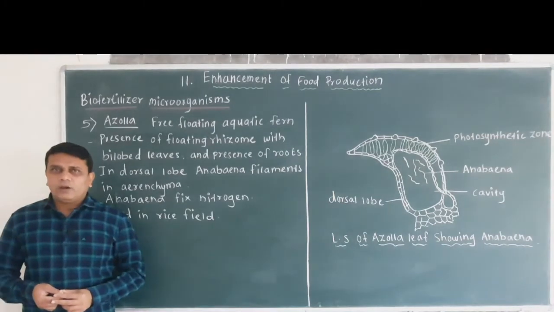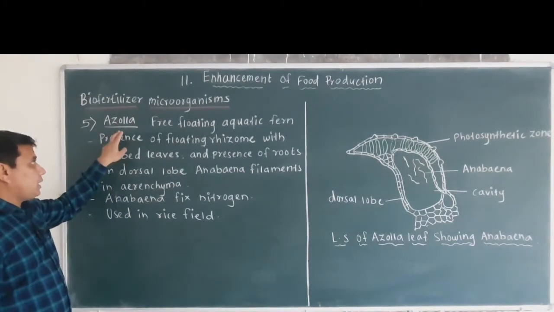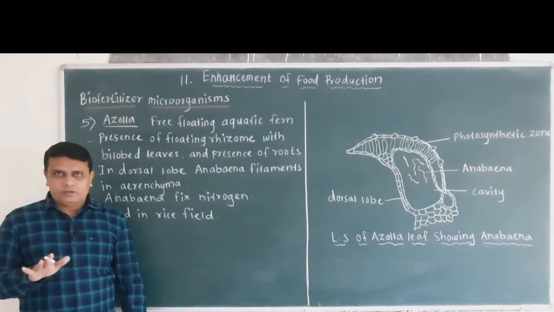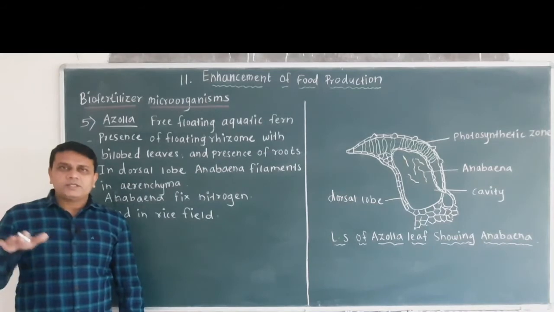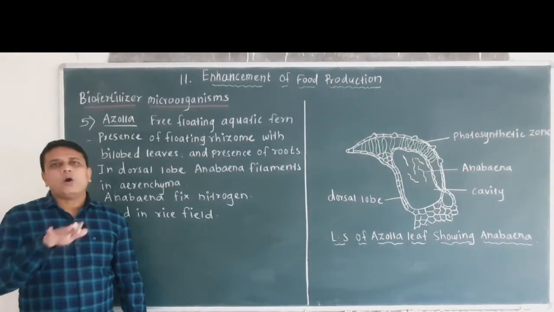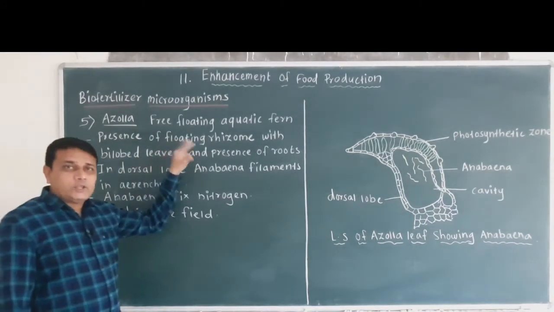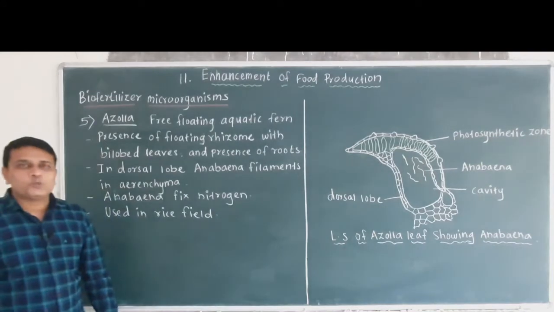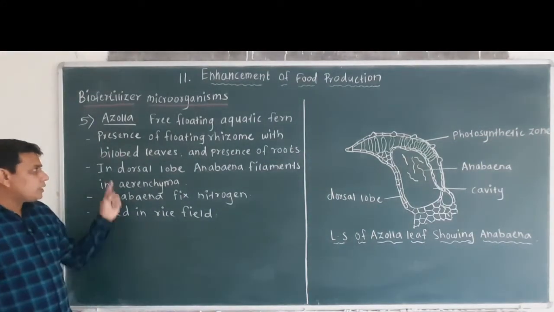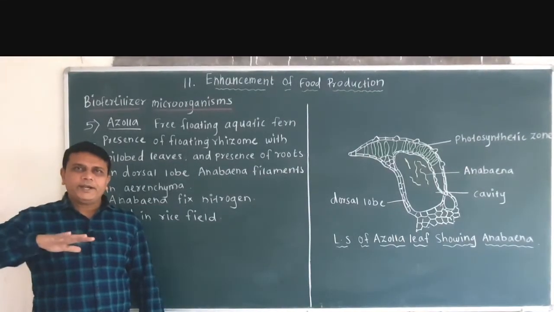Now the last organism used as biofertilizer is Azolla. Now Azolla is a free floating fern, that means it is an aquatic fern and floats on the water, and it consists of a floating rhizome, and this rhizome shows presence of leaves and roots. Then the leaves show two lobes, dorsal lobe and ventral lobe.